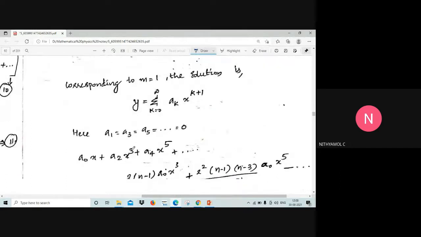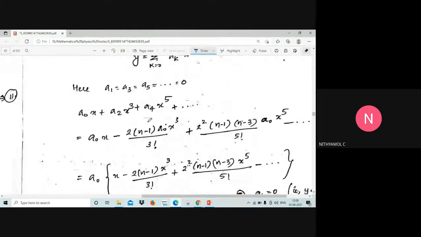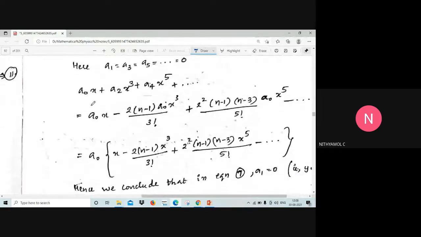Now here a1 is equal to a3 is equal to a5 is equal to etc. is 0. Therefore, we have a0 x plus a2 x cube and so on, in terms of a0, a2, a4.